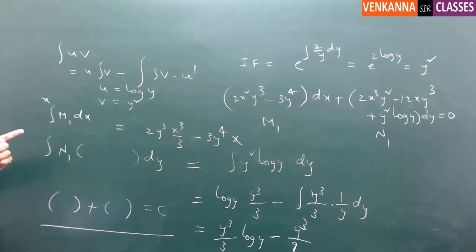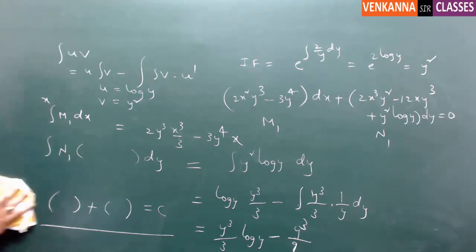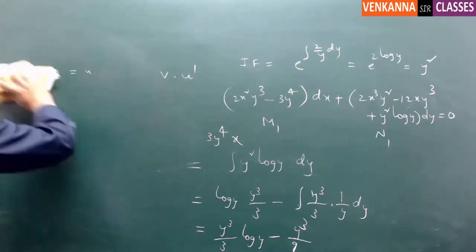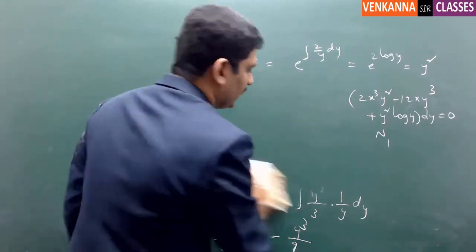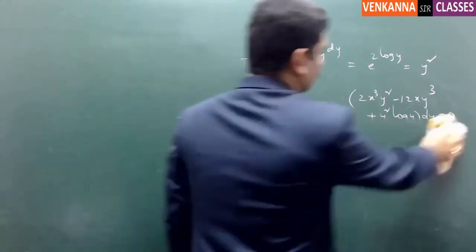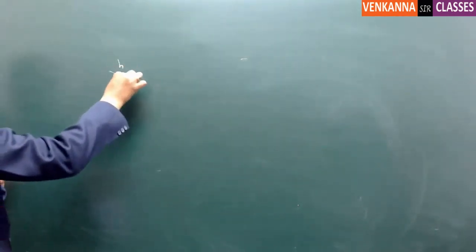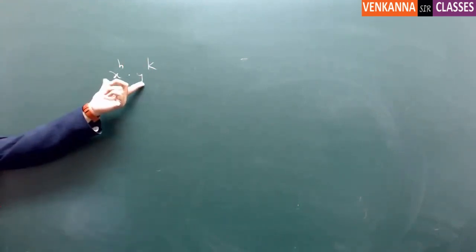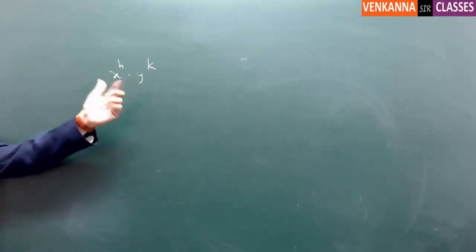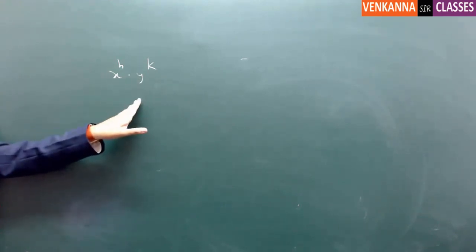Now I go with the last method, that is x power h into y power k. When all these four formulae fail, only in such a case do we use this. Please understand that this formula is straight away applicable to any kind of non-exact differential equation.